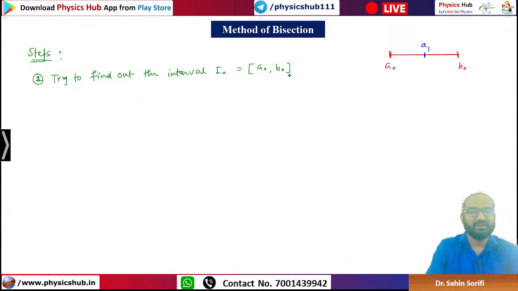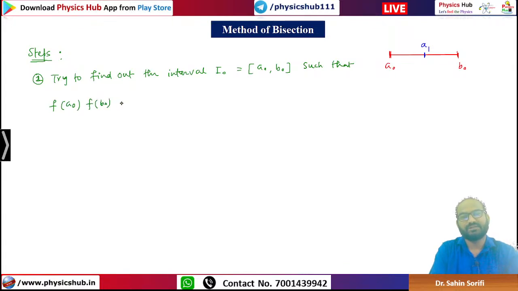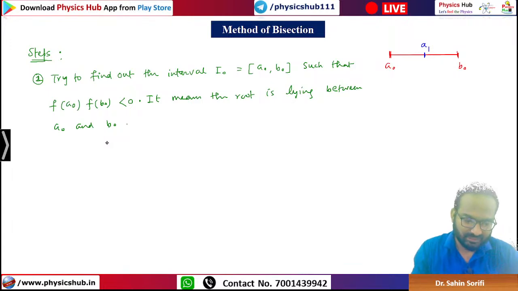So try to find the interval I0 in such a way that f of a0 times f of b0, this product, is less than 0. It means the root is lying between a0 and b0. What do you understand by root?